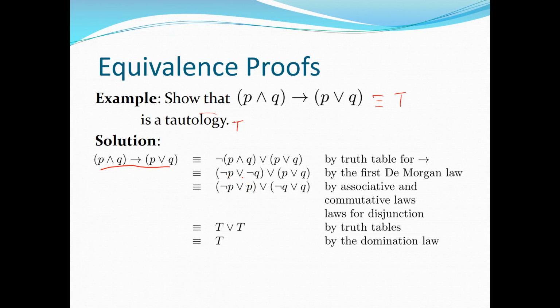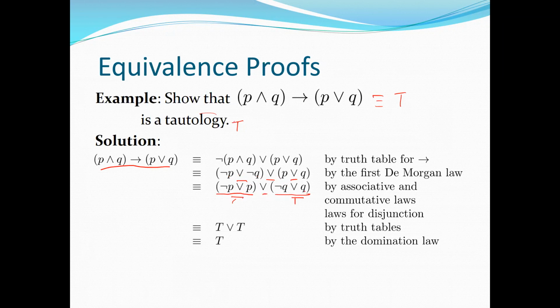Since these all are the or, we can rearrange it as not P or P, not Q or Q. So this will always result in true. This will always result in true.